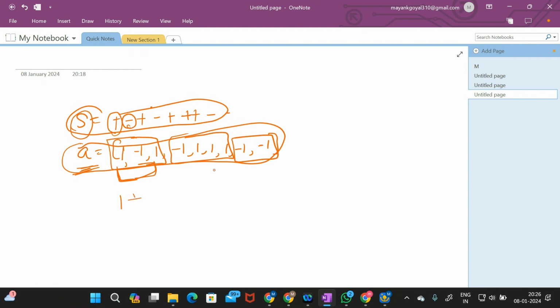We add these three elements of this subarray and we multiply it with its length.